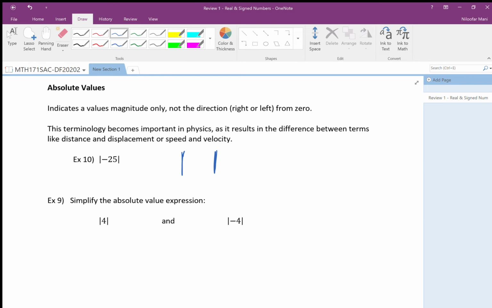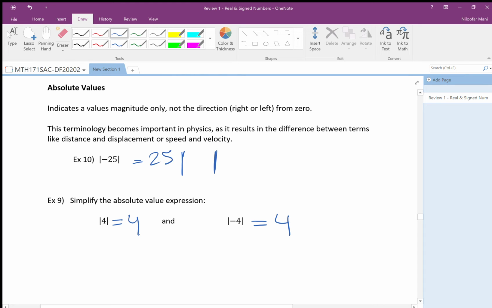But we don't see all of those in college, so we just use it for something. If I use absolute value, it means I just use the positive answer from the number. So absolute value of 4 is 4. Absolute value of -4 is also 4. Just use positive. So this is just 25.